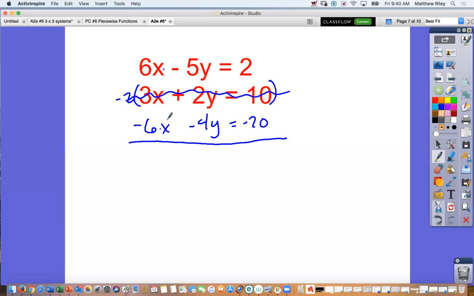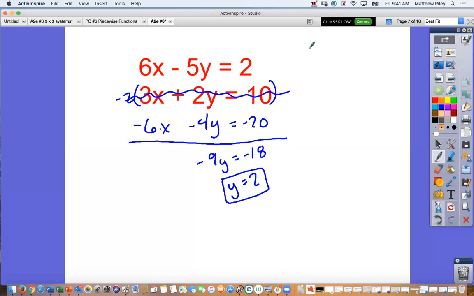So do I have opposites? Yes. So add them together. Y is 2. Again, I can plug this value into any equation, including the one that I crossed out. You're just substituting that y value 2 in for y and telling me what x is.